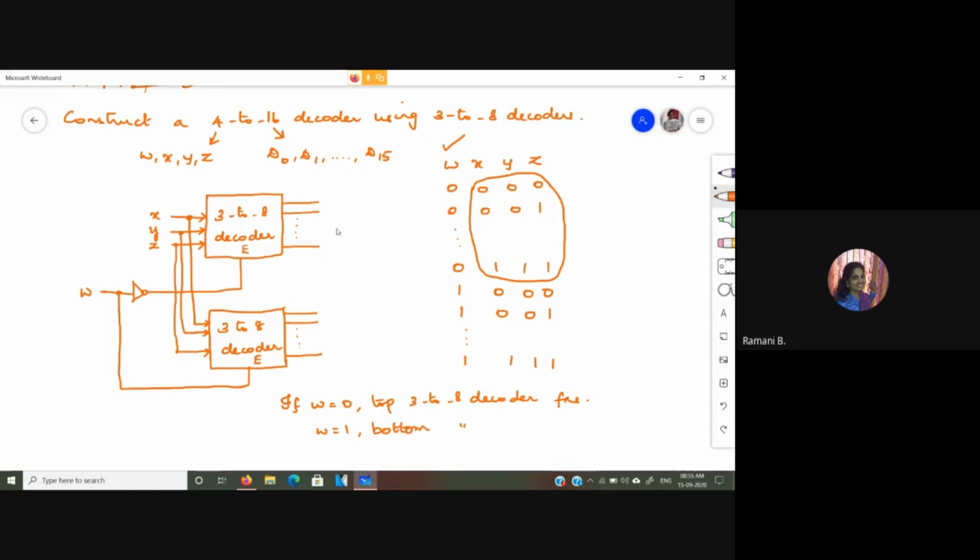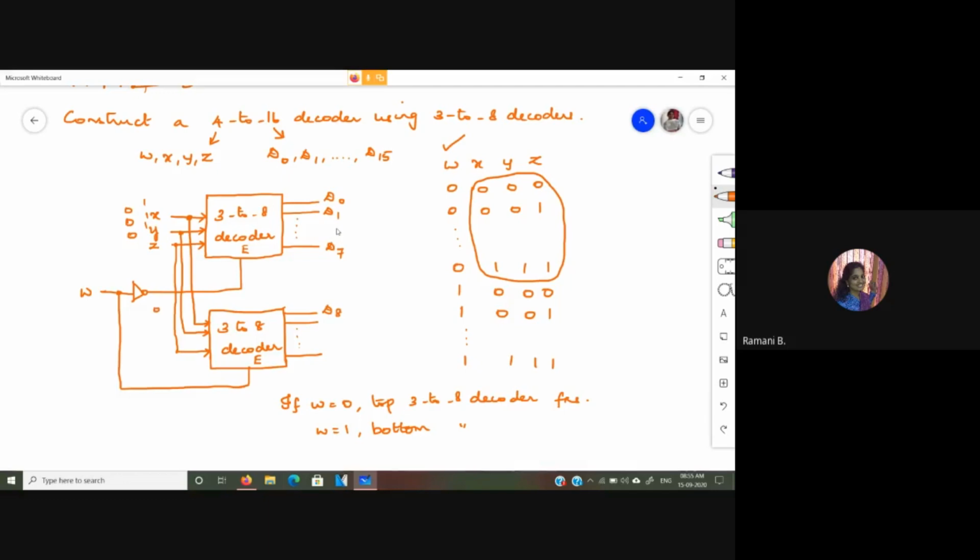Okay? So this implies for XYZ varying from 000 to 111 and for W equal to 0, you will get the output D0 to D7. And when W is equal to 1, I get this output.